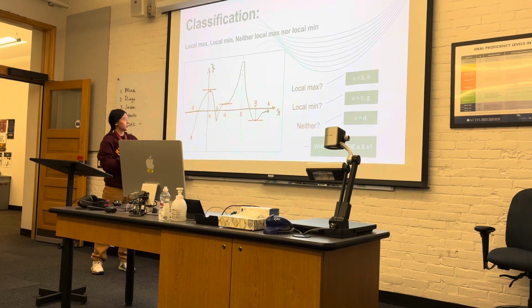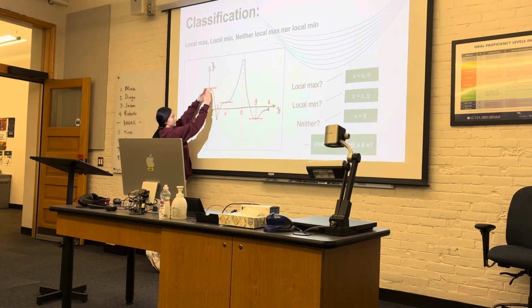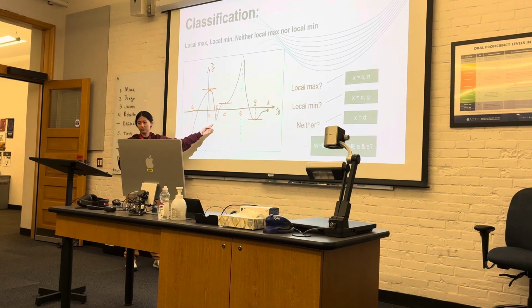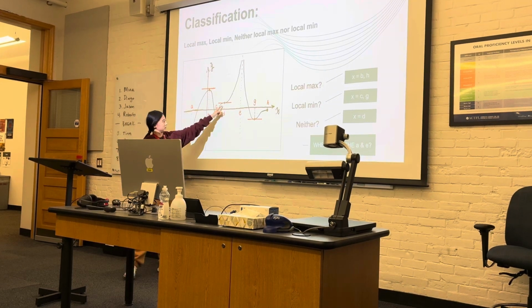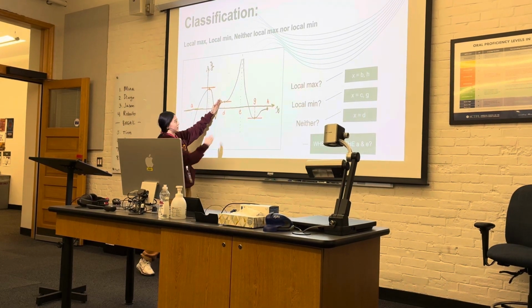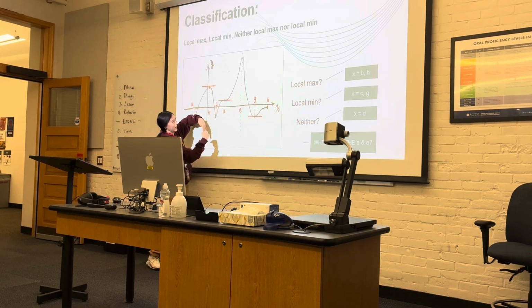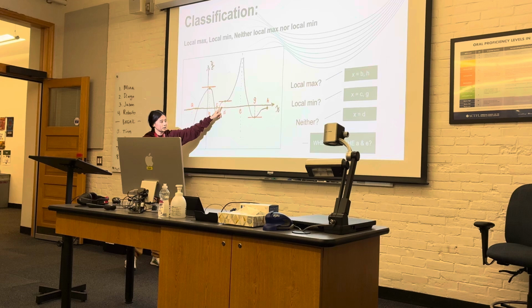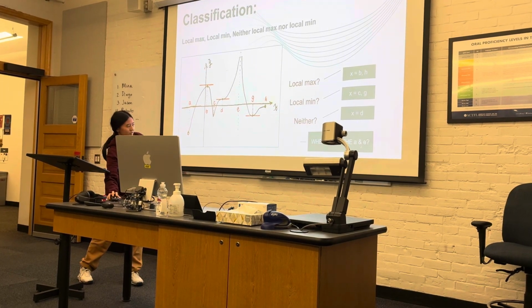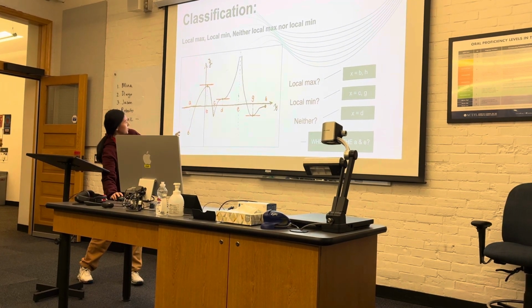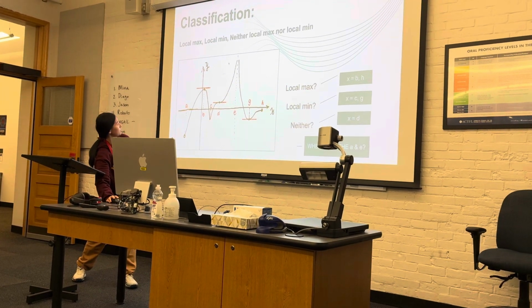Sometimes the peak is smooth, or it can be sharp like a corner, and the local min also. If it does not look like a peak and not like a valley, it's neither. And where are A and E? Because they are not in the domain, they cannot be critical points. So they cannot be local max, local min, or neither.